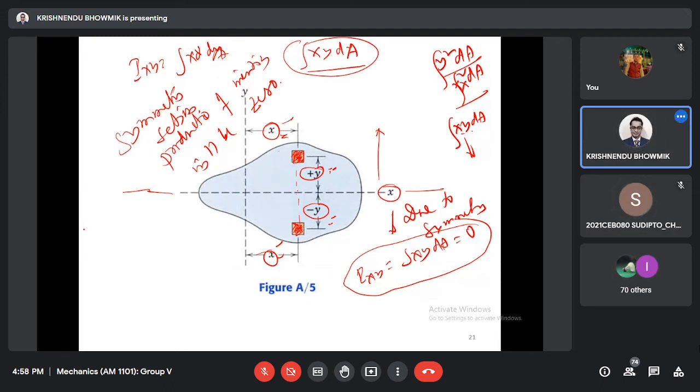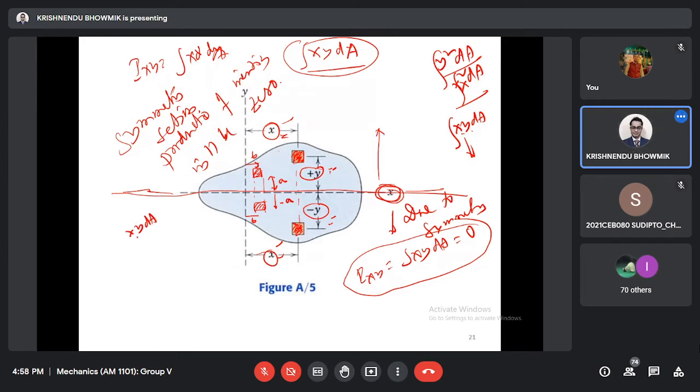Yes, sure. Actually, we have one symmetry axis here. If this is the symmetry axis, say I have considered one area here. There will be some complementary area on the other side, for all cases. Say this distance is A, so this distance will be minus A. This is say B, here also it is B. Now x, y, dA. dA is same.